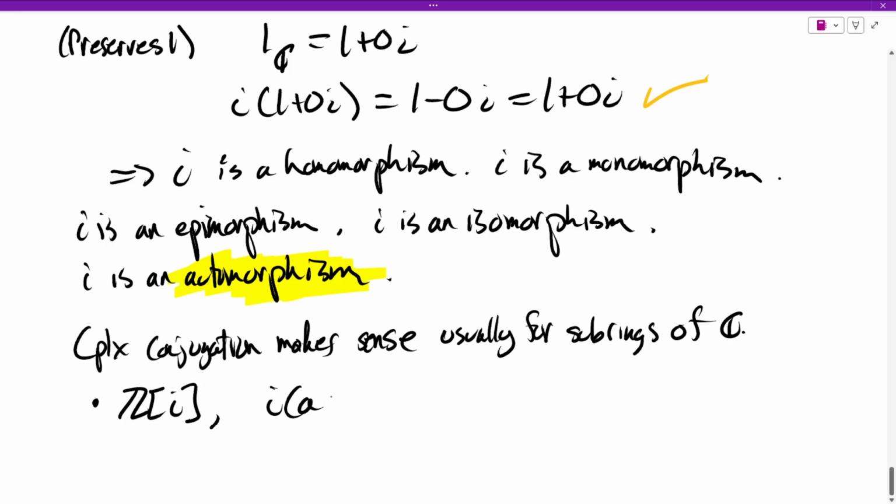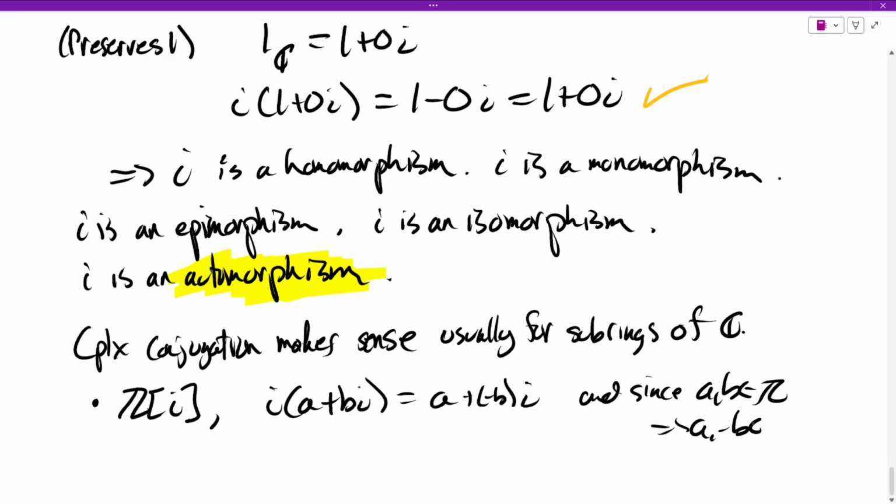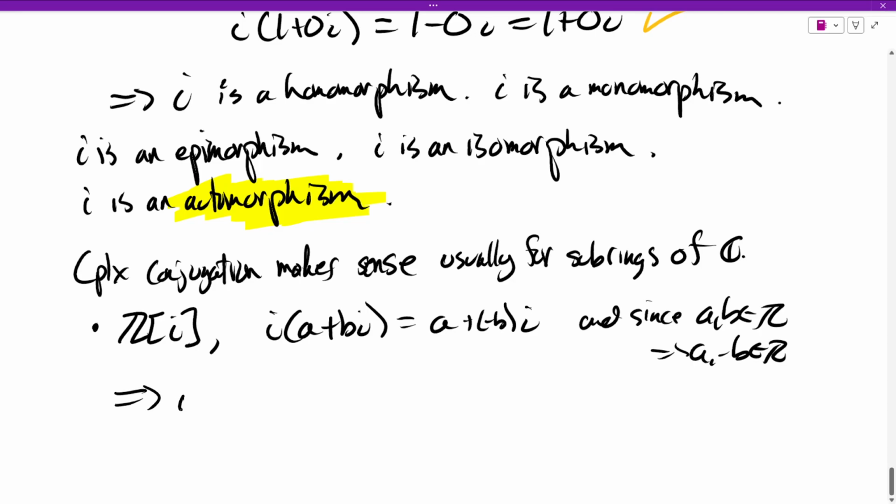If I take iota of a Gaussian integer, we get a plus negative bi, and since a and b are in Z, a and negative b are in Z certainly. So if you plug in a Gaussian integer, it spits out a Gaussian integer. And so iota is a well-defined map from the Gaussian integers to the Gaussian integers. We just checked it was a homomorphism, and in fact all of those other properties are true as well, and it will remain an automorphism.